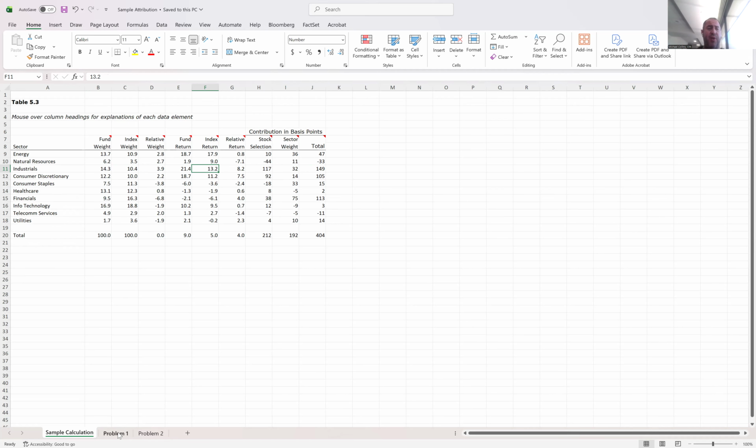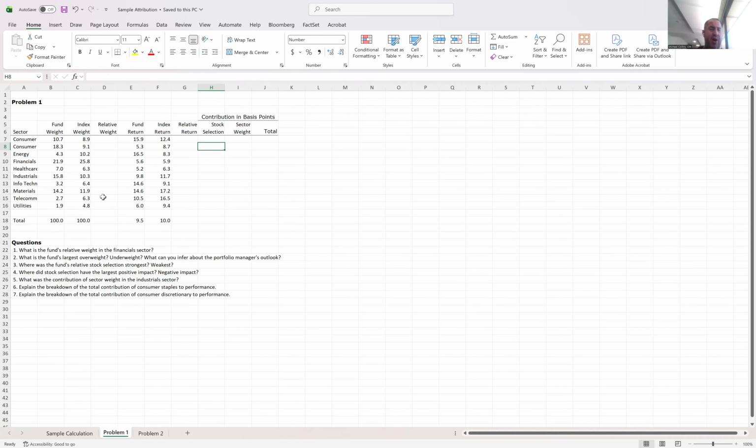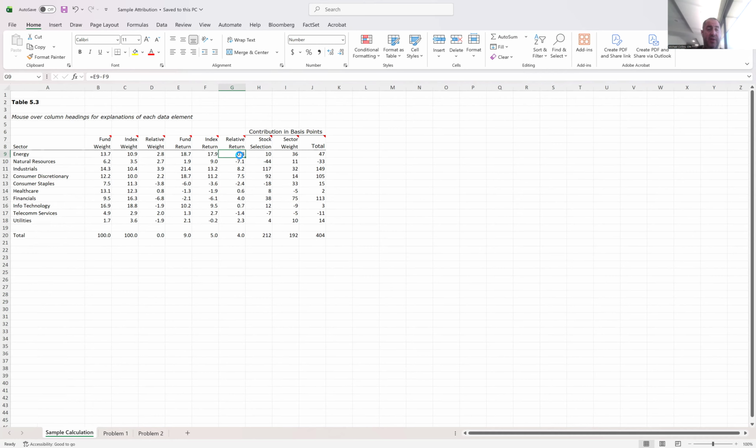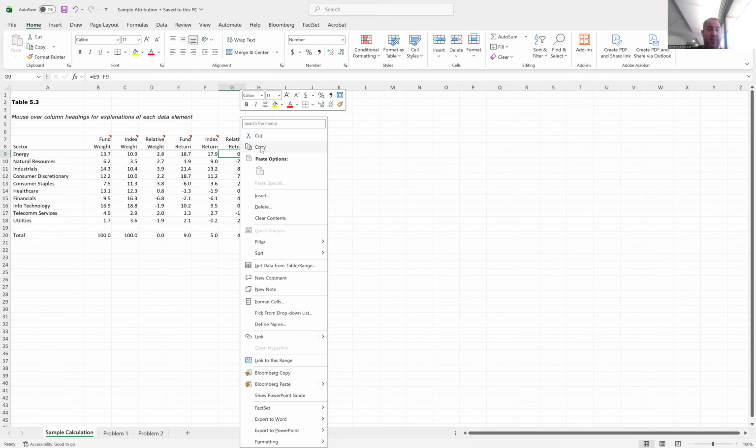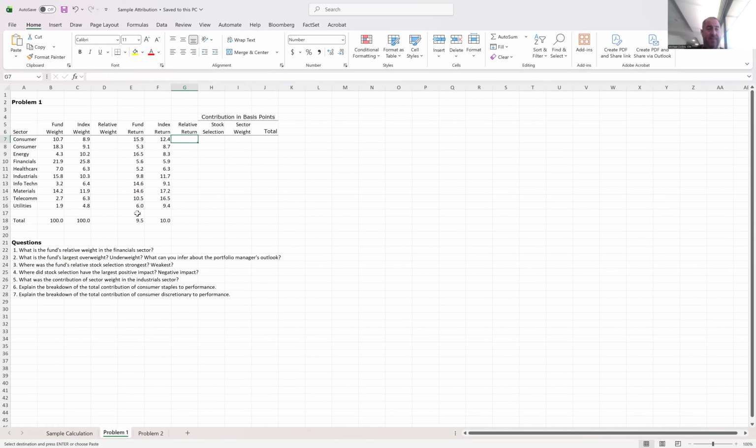Let's move forward to problem one. All this stuff can be copied and pasted in the relative return, fund return minus index return. Let's just copy it over. Paste. And just make sure it's pulling from the same spot. Great. Next.